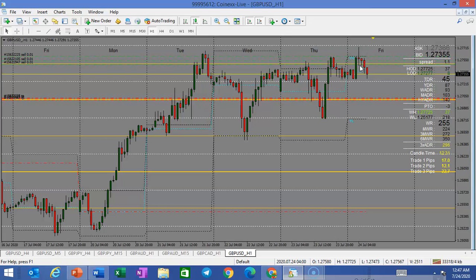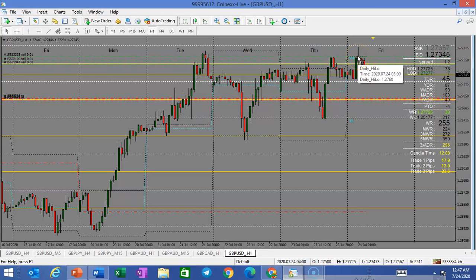So we did all of that just to determine if price action is going up or down. We know price action is going down. Why is price action going down? Because price action did not close above the highest high from this impulsive move up on Monday.